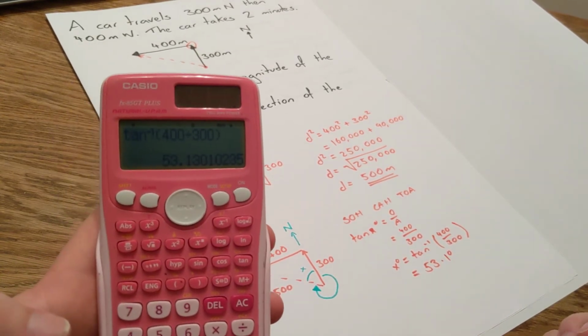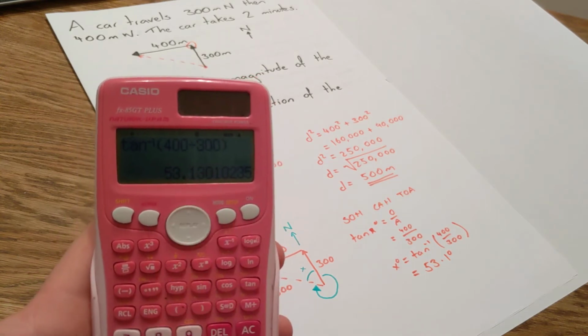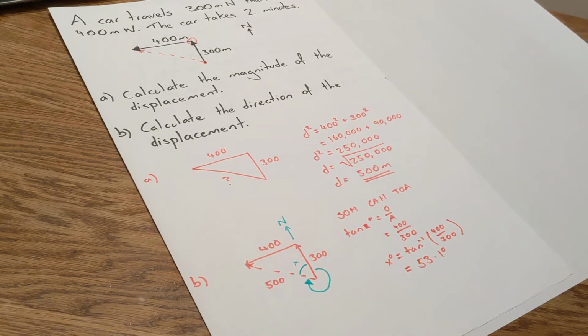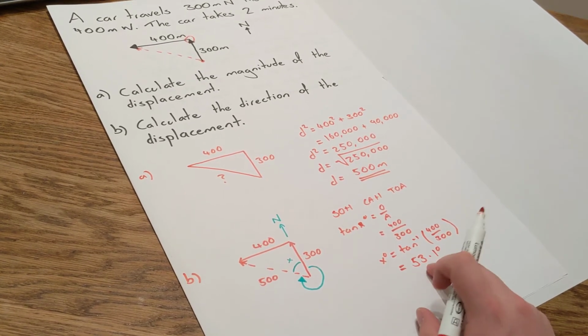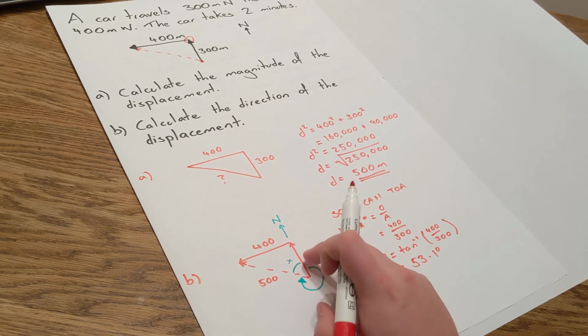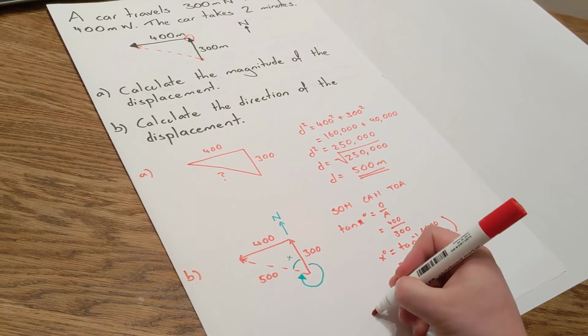And we're going to stick to 3 significant figures because that's pretty much a standard in physics, so it is 53.1. Okay, that means our angle here, x, is 53.1 degrees. That is not our direction. 53.1 degrees is not a bearing, okay? The angle is measured from north.